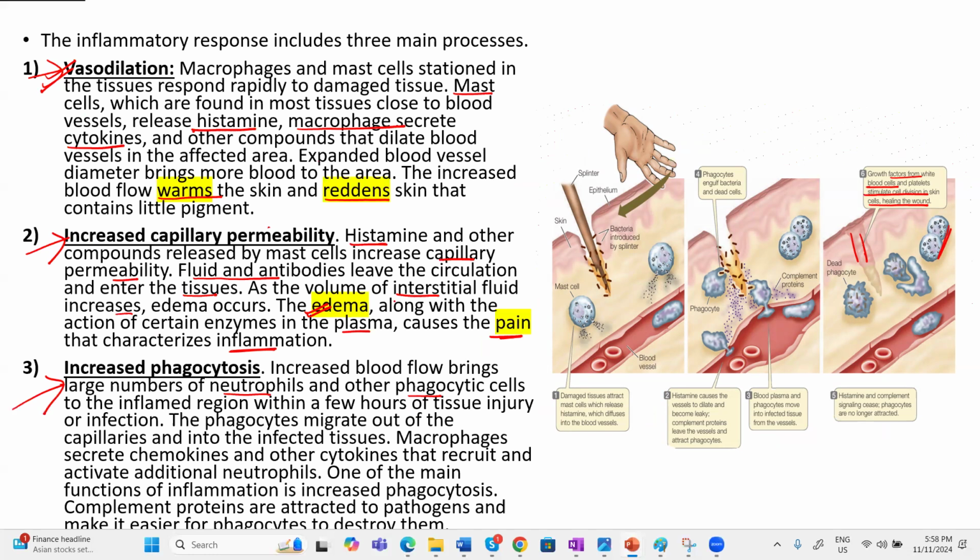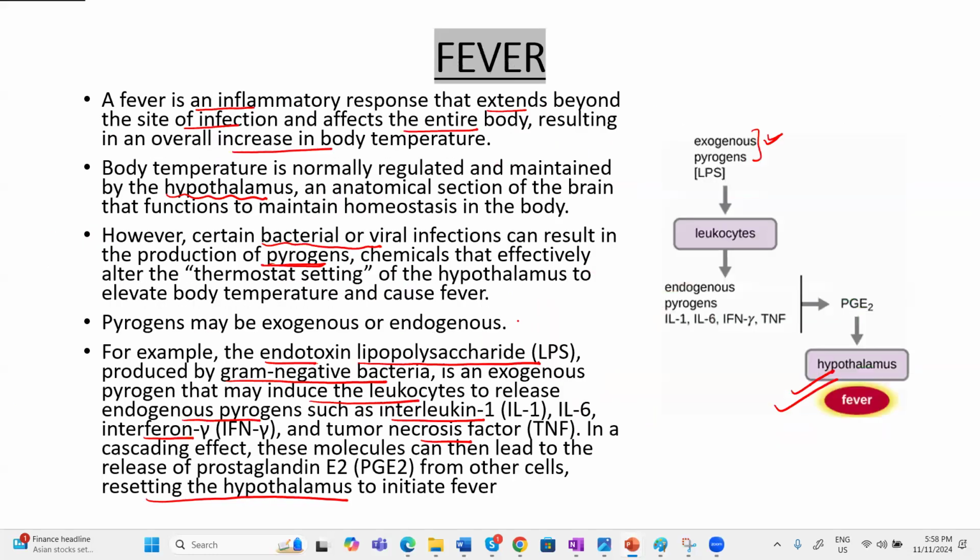So 4 symptoms will come: warmness, redness, swelling, and pain. And last is fever. Fever is because of chemicals released by a virus or bacterial infection. That chemical is known as pyrogen, which makes the hypothalamus reset the temperature, so as to initiate fever. Is it clear?